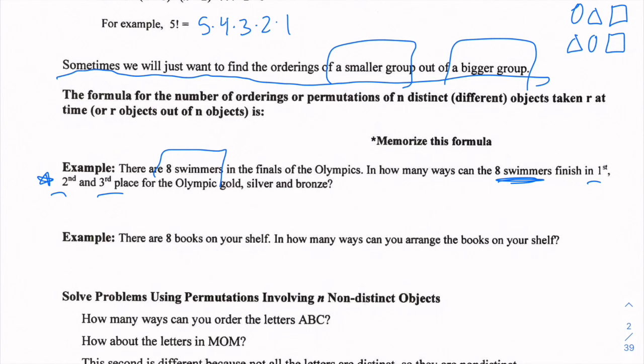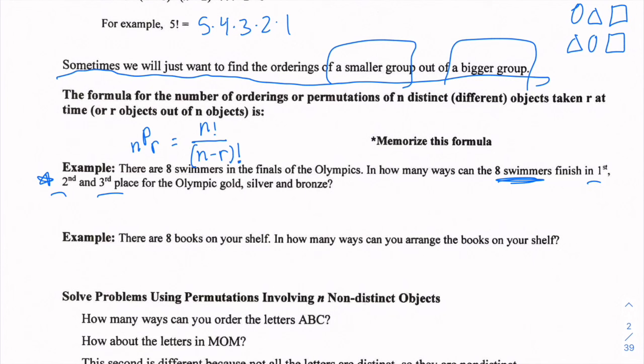And how this works, the formula we'll be using is what we call our permutation formula, which is nPr. This formula is n factorial over n minus r factorial. And you want to keep in mind that this whole thing here is in parentheses: n minus r factorial.